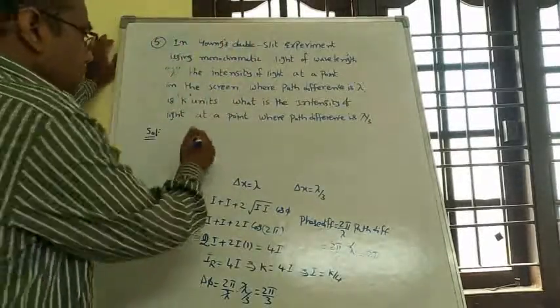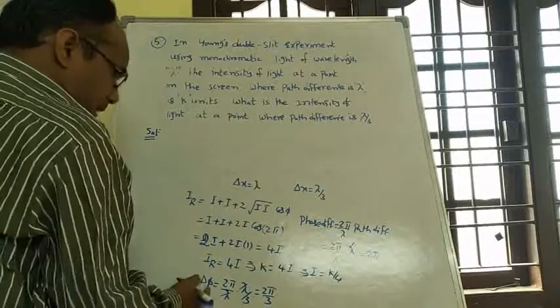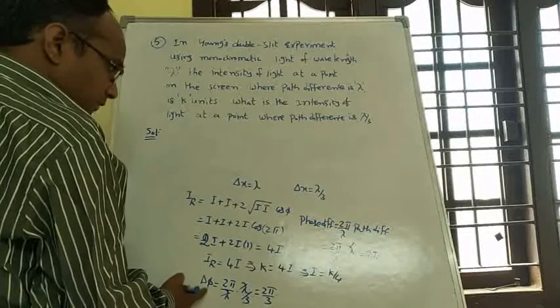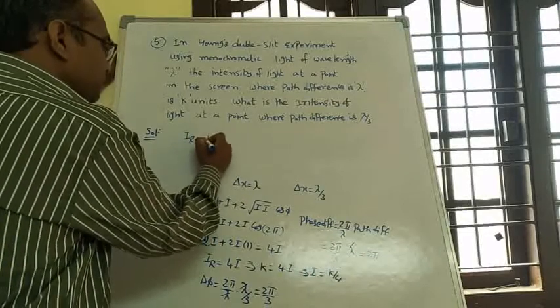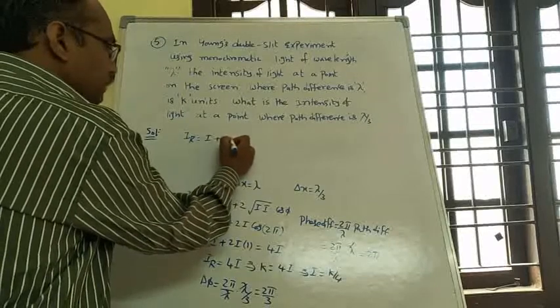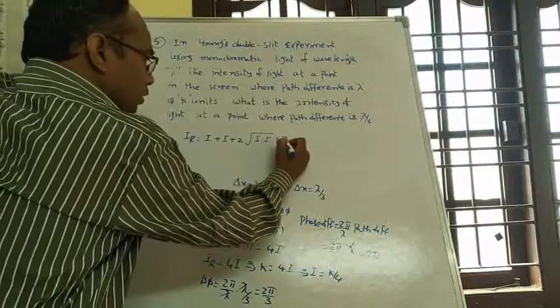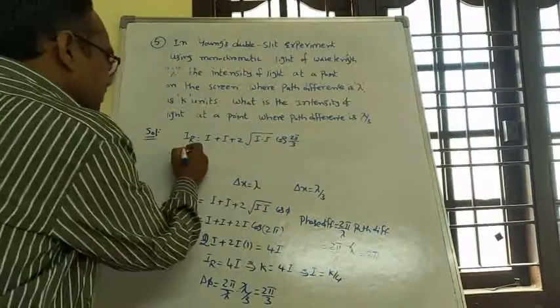So phase difference is delta phi, you got it. So what is the formula? Resultant intensity is nothing but I plus I plus 2 root of I into I cos 2 pi by 3. So what is the answer?